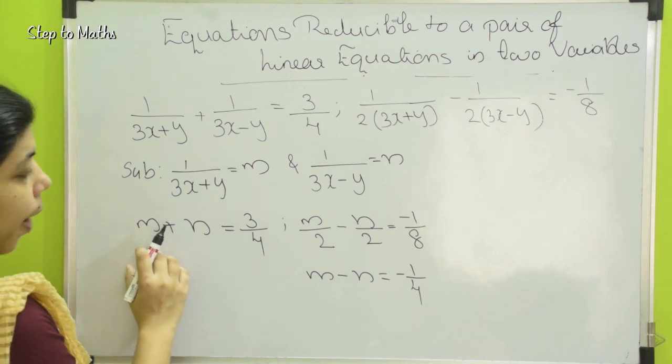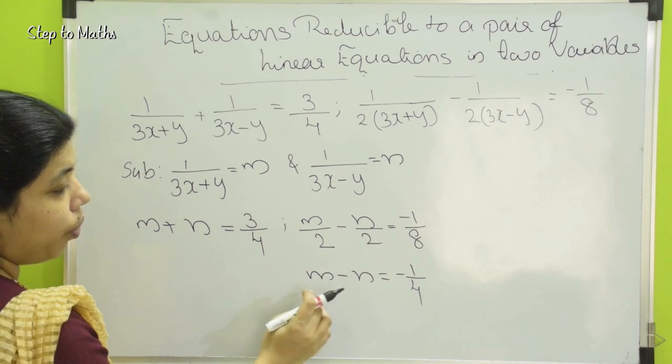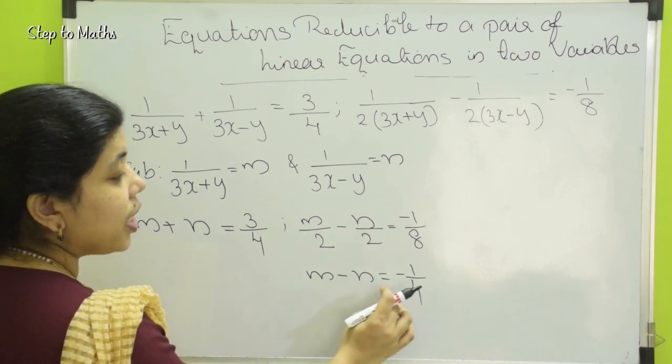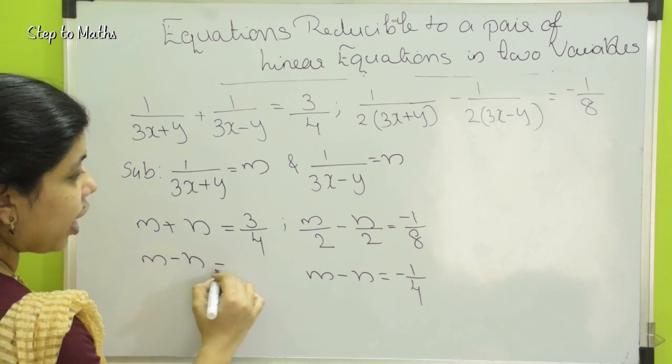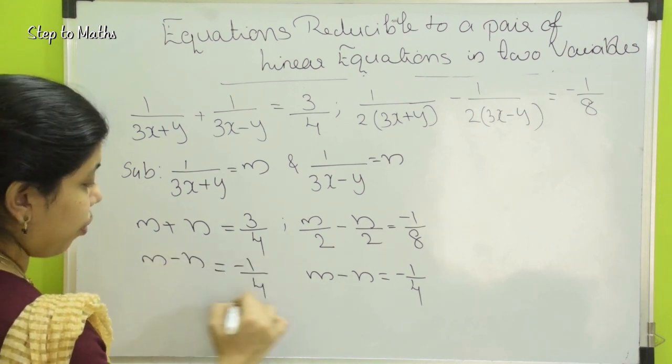The first equation, m plus n is equal to 3 upon 4, and the second one is m minus n is equal to minus 1 upon 4.